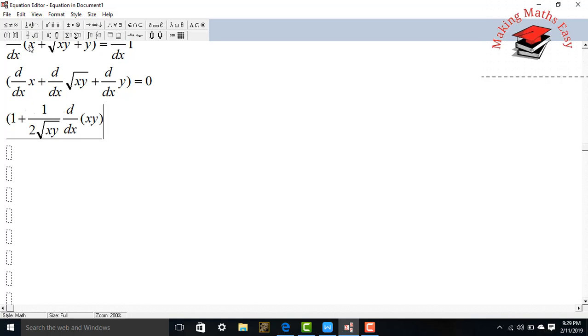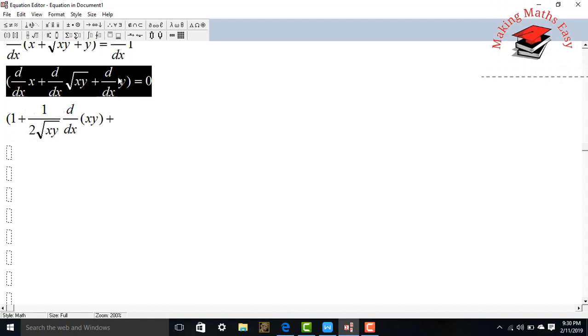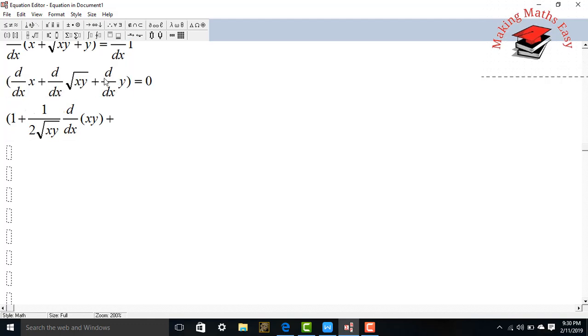Then I will differentiate the y function, because y and x are both implicit functions if and only if f of x comma y equal to 0.